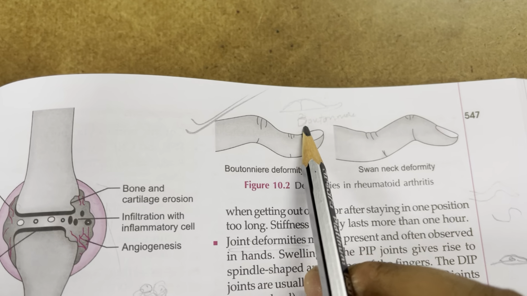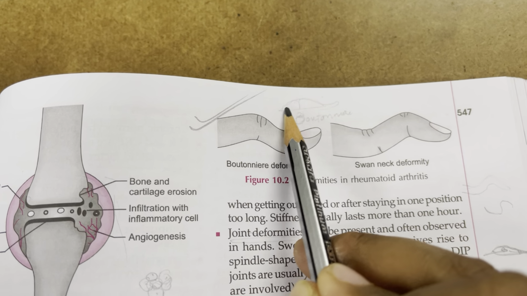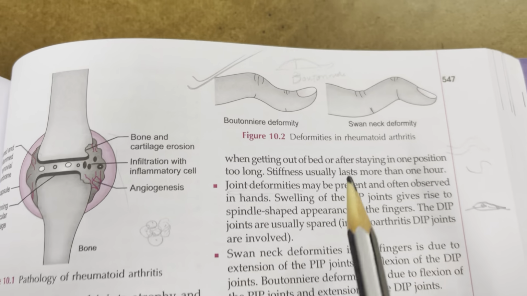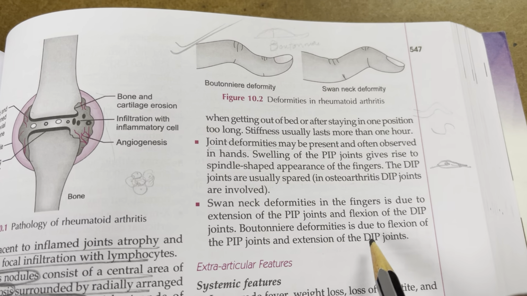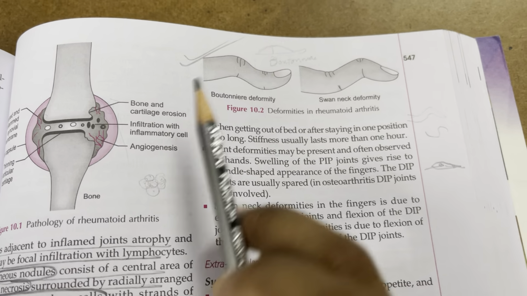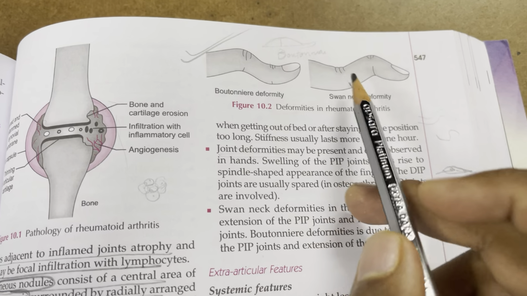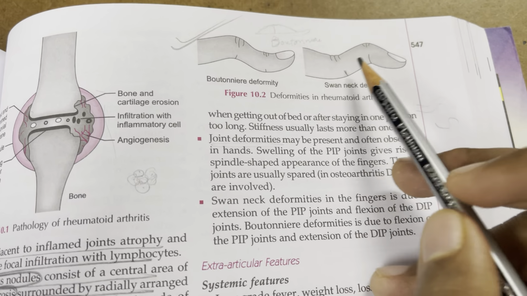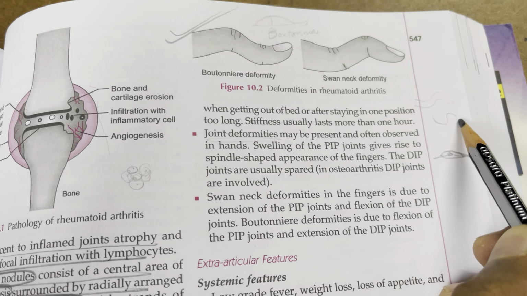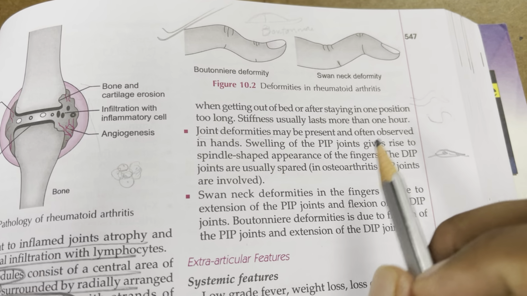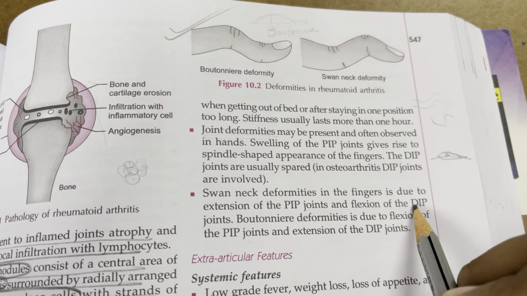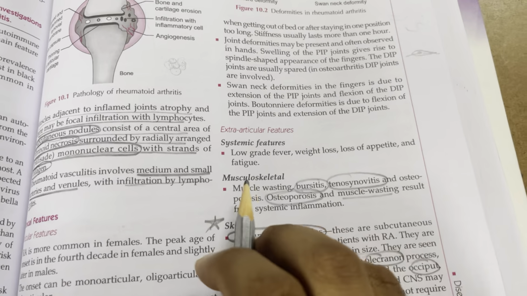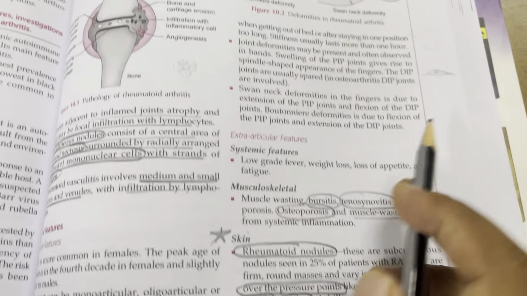I like to remember boutonniere by writing it as a B: initially the proximal interphalangeal joint is flexed and the distal is extended. In swan neck deformity, it is the exact opposite; write it like an S: the proximal interphalangeal joint is extended and the DIP is flexed. Just draw the diagrams.